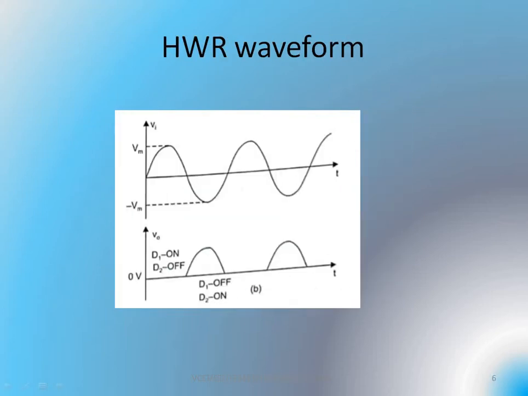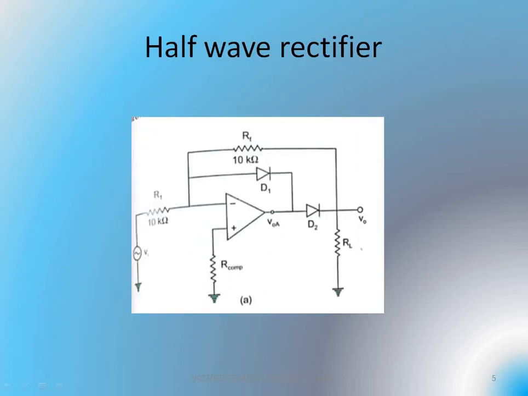The same way, when we refer to the negative half cycle, you can find that for the applied negative half cycle you have a negative input to the inverting terminal, and this negative cycle will turn off the diode. So the anode has a connection with the negative signal, so the diode D1 will be under off condition, and here this negative signal will be converted into positive and this positive signal is applied to D2.